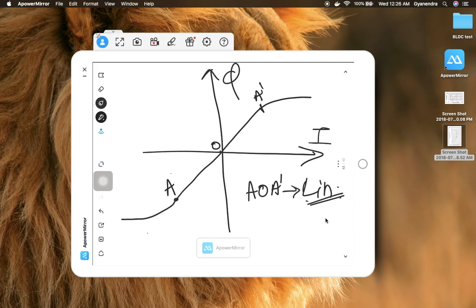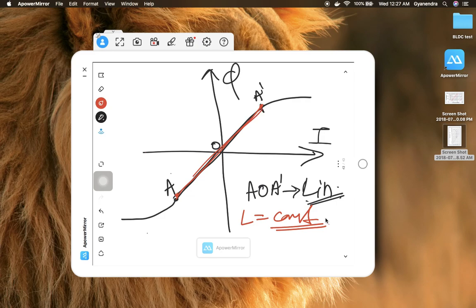Now in this linear region, the inductance is defined by the slope of the phi-I characteristic. Since this characteristic is linear in this region, our inductance will be constant from region A to A dash.